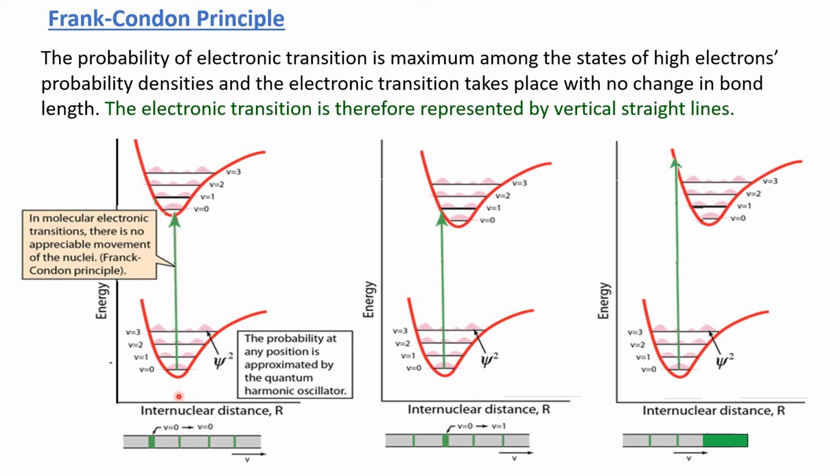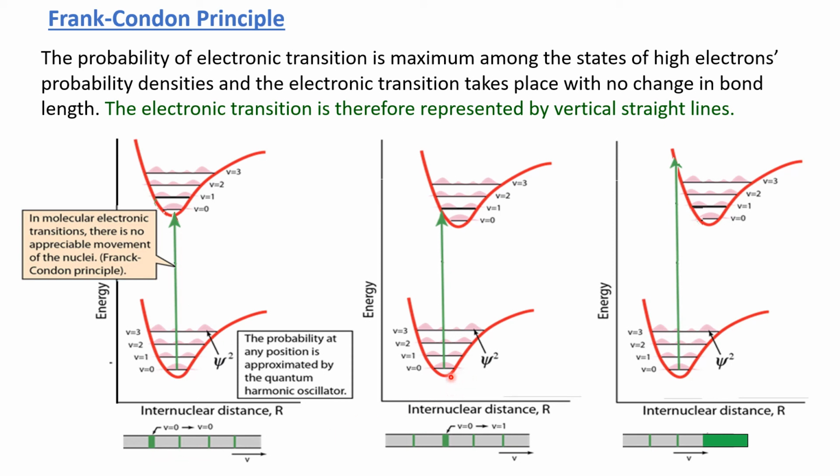So those transitions are highly favorable, will take place at no change in the internuclear distance, along with the transition from the high probability state. So that is why we see here, v equal to 0 to v equal to 0 is a more intense line as compared to the other line.